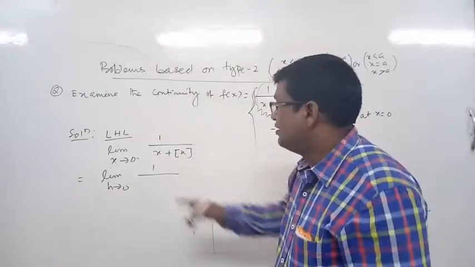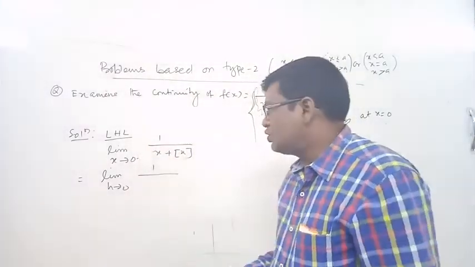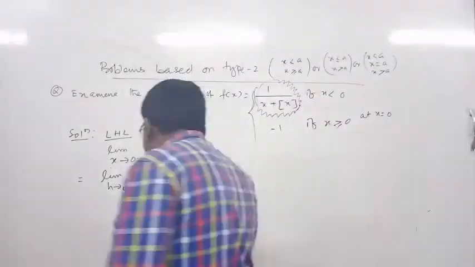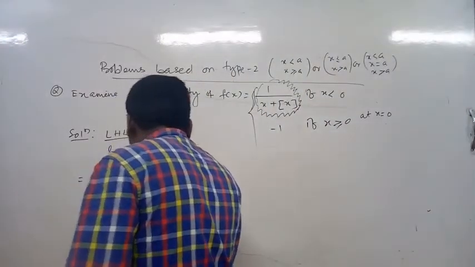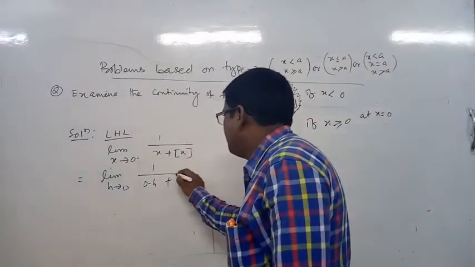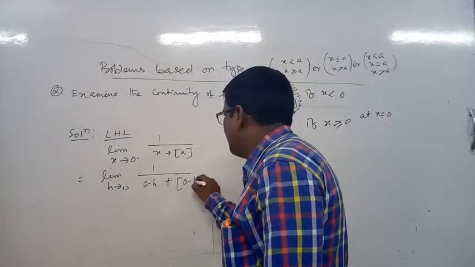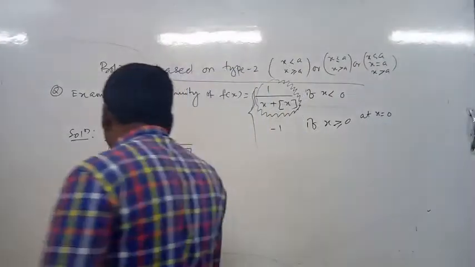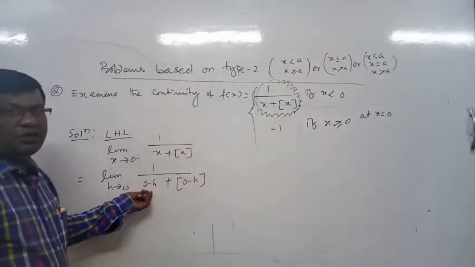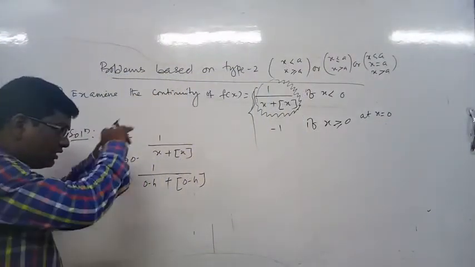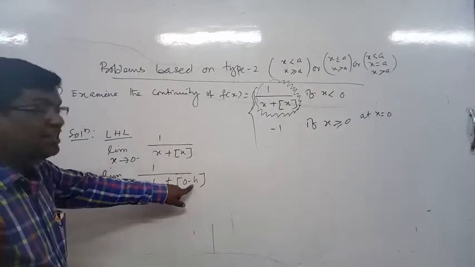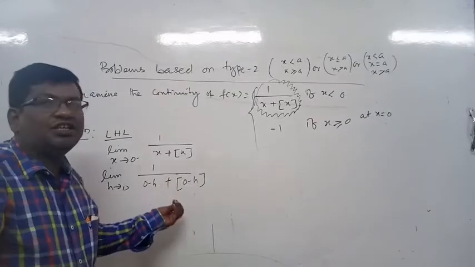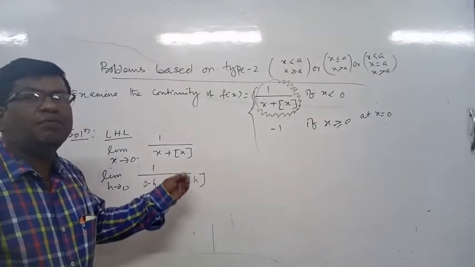What is a here? Here a is equal to 0, so use x is equal to 0 minus h. So this is 0 minus h plus bracketed 0 minus h. If simply h is present, then you can use h is equal to 0, but in square brackets, if h is present, then you consider h is a very small positive quantity.